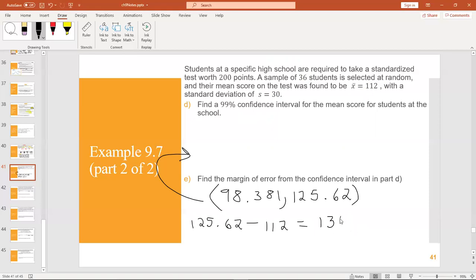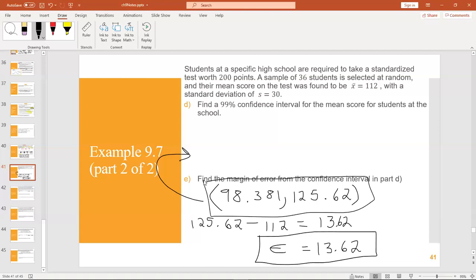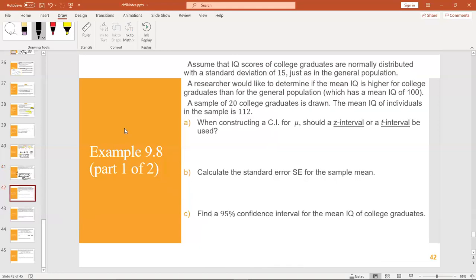All right, there you go. So that's the margin of error epsilon, 13.62. And then this, as I said, is the answer to part D, which should actually be up there. But anyway, what else do we have?